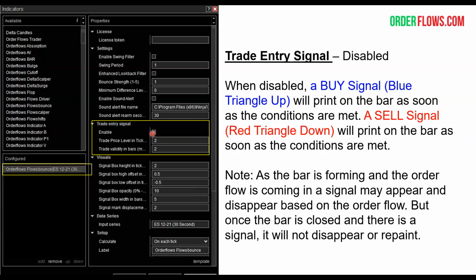Now, please note though, as the bar is forming and the order flow is coming in, a signal may appear and disappear, because the bar is still forming. The bar is not closed. But once the bar is closed and there's a signal, it will not disappear, it will not repaint.